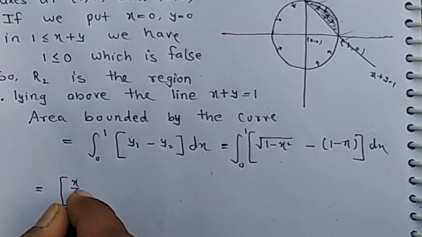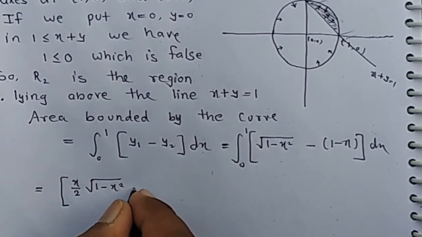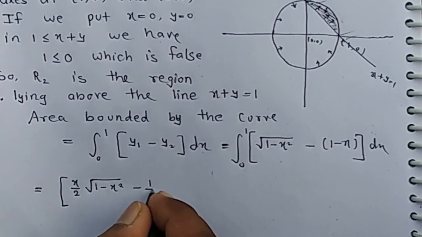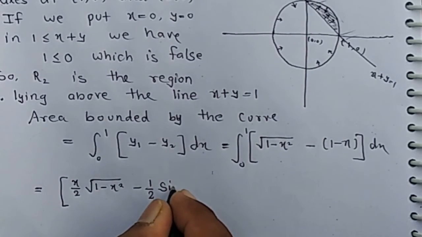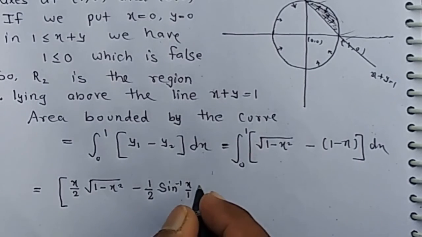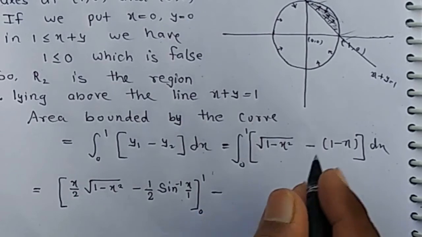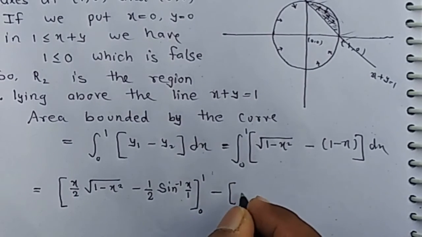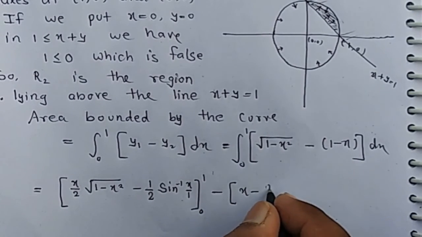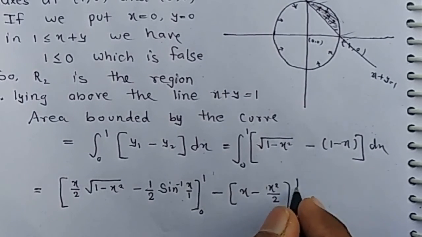By the formula, x/2 √(a² − x²) + a²/2 sin⁻¹(x/a), from 0 to 1 we have x − x²/2, from 0 to 1.